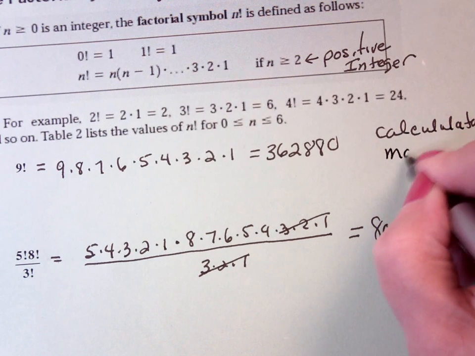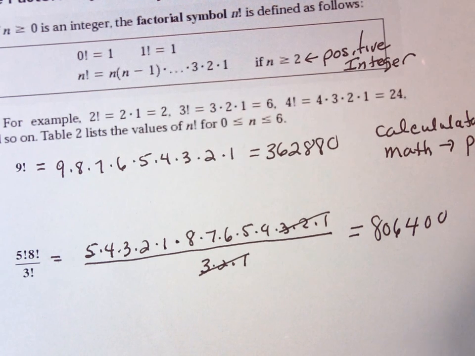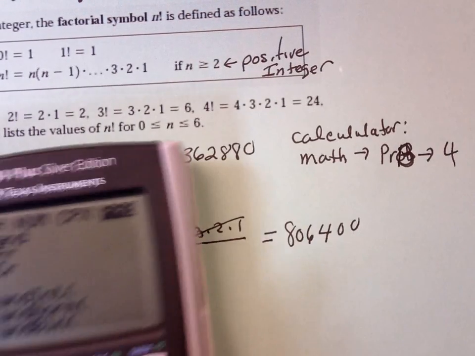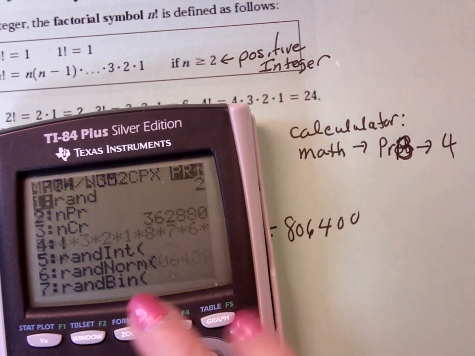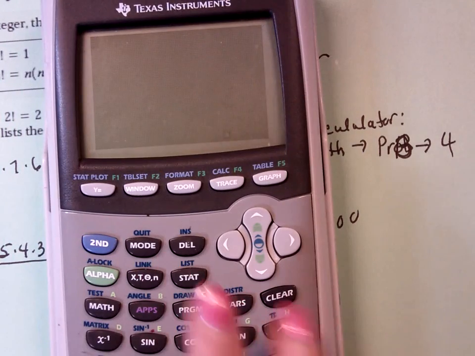Now, factorial is on your calculator. From a calculator point of view, it's under Math, and then PRB, Math probability, and it'll be under the number 4. So on my calculator, it's under Math, and let me move this up so you can see it.